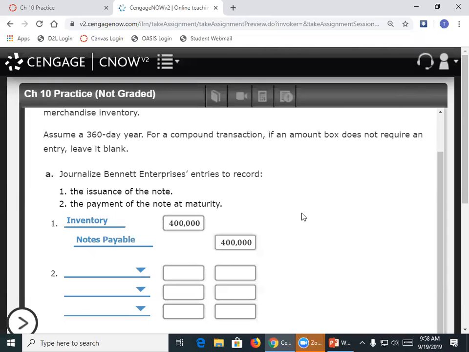Very good. $5,000 in interest. 400,000 times 5% times the 90 over 360. So it's always the principal amount times the interest rate times days over 360.